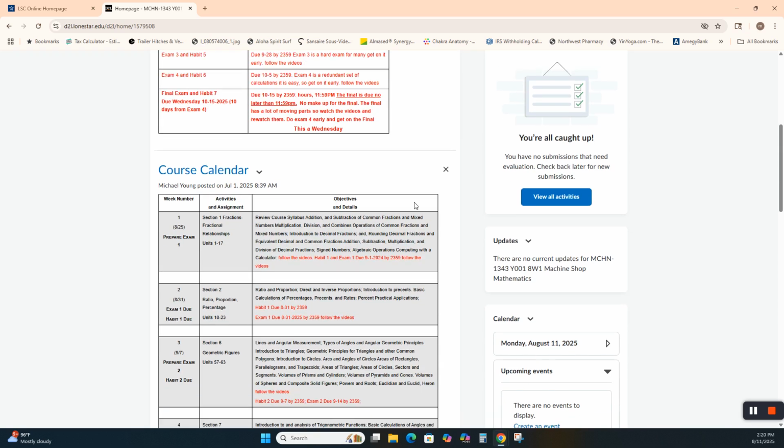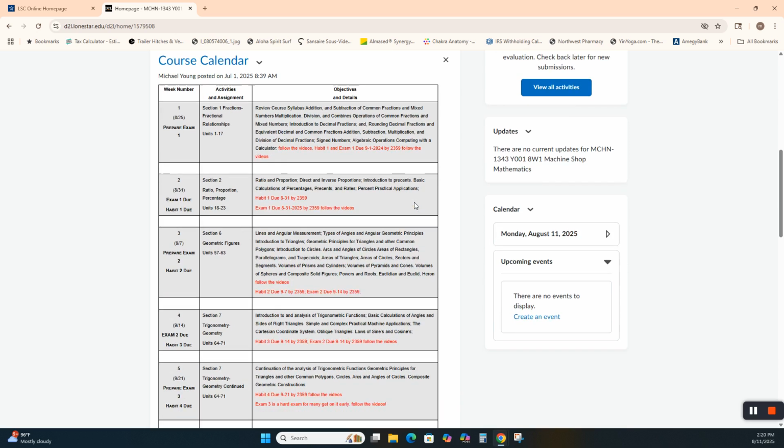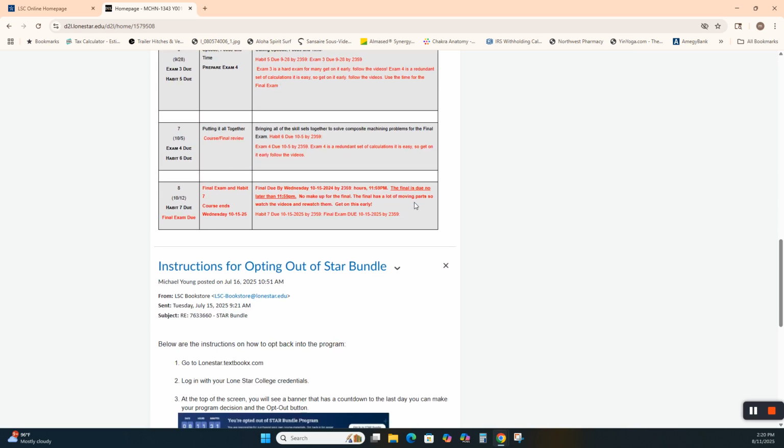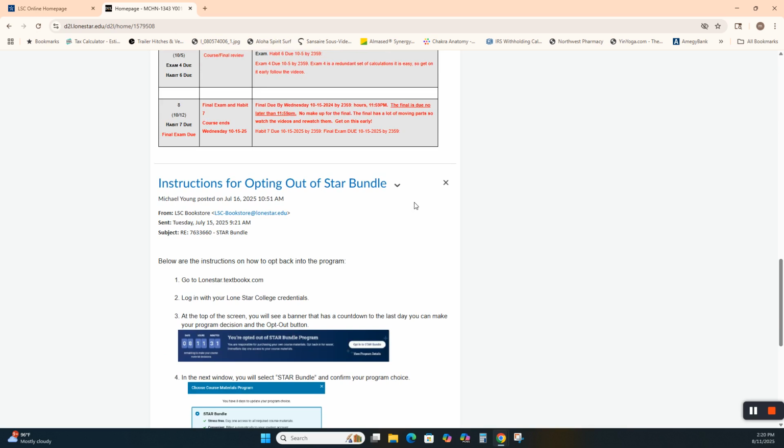And let's see. So it's all there. Instructions for opting out of the Star Bundle, which is the Lone Star's Ponzi scheme to hose you students. Even though you don't require to have a book in this course, they're charging you $21 times 3 because it's a 3 credit hour course to pay for a book that you don't get.